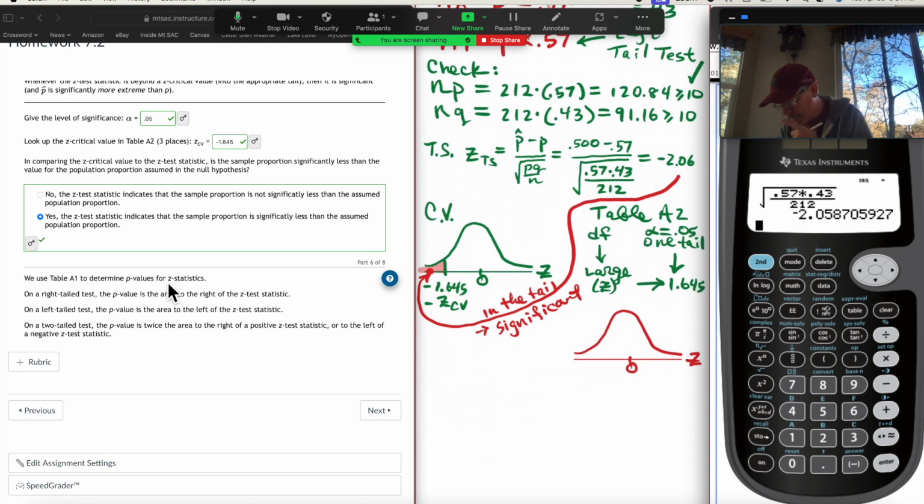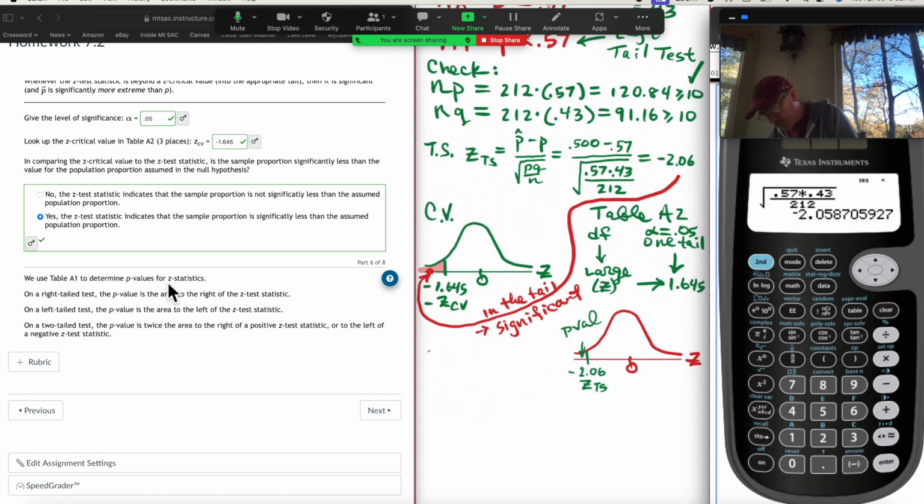So the test statistic was negative 2.06, so I'm going to go out kind of far in the tail here. Negative 2.06 was our z test statistic. And this area here is going to be our p-value. Okay, and so we just have to look that up in table A1.